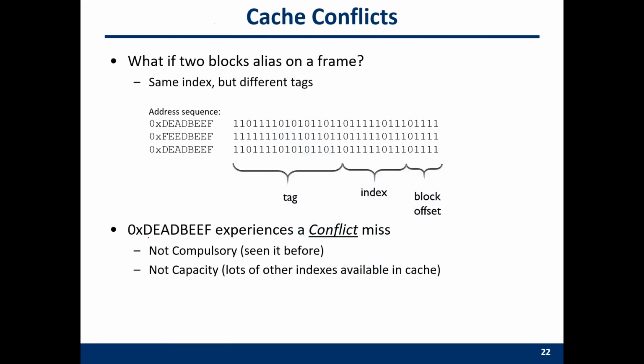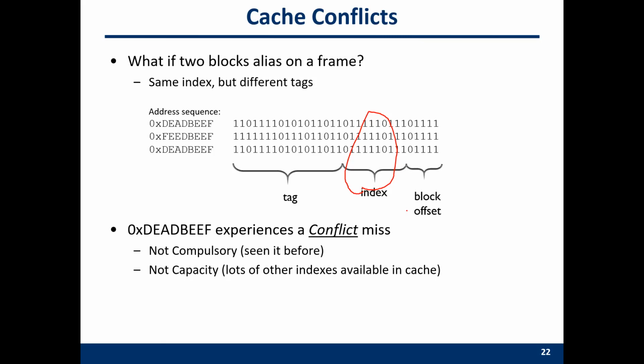So here is one example of the conflicts. Although the addresses here are different, they have the same index. The same index means these addresses fight for the same location. This is the so-called conflict.